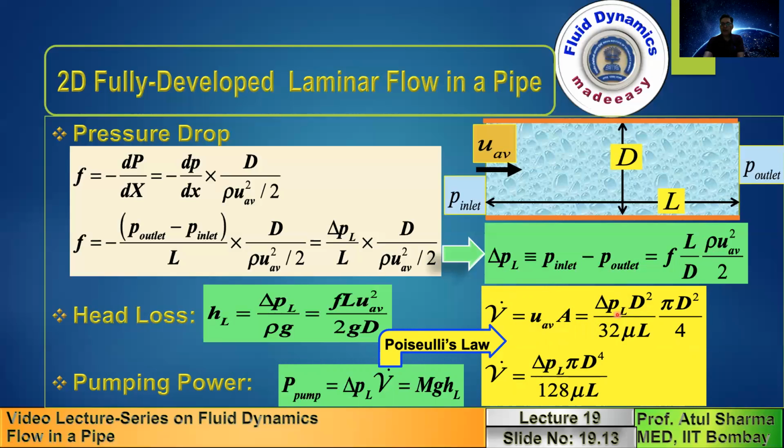Q average is equal to delta P L d square by 32 mu L, and the area is pi d square by 4. So the volumetric flow rate comes out in terms of the pressure drop, the diameter of the pipe, the length of the pipe, and the viscosity.